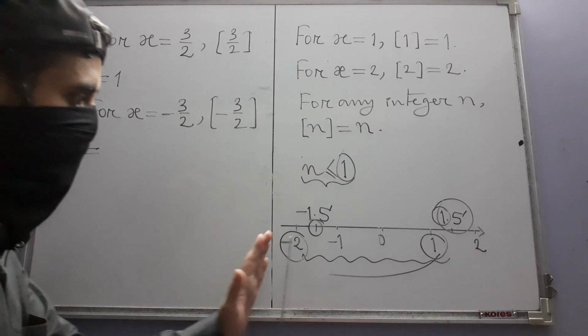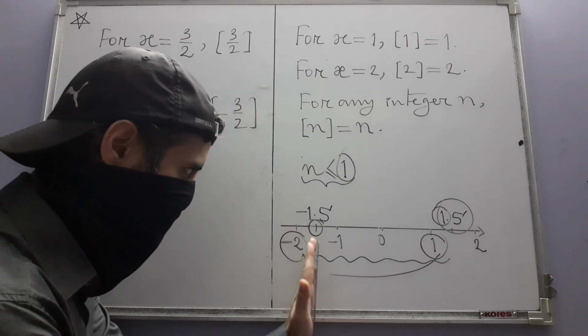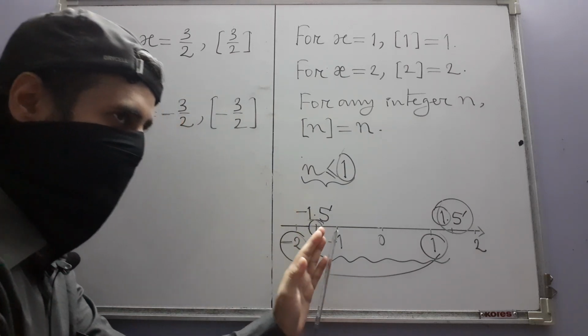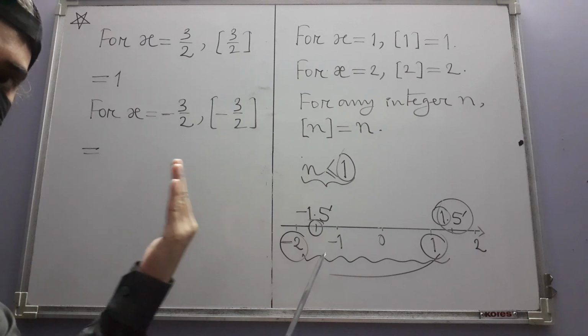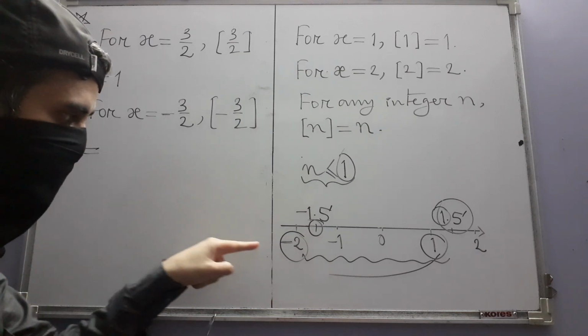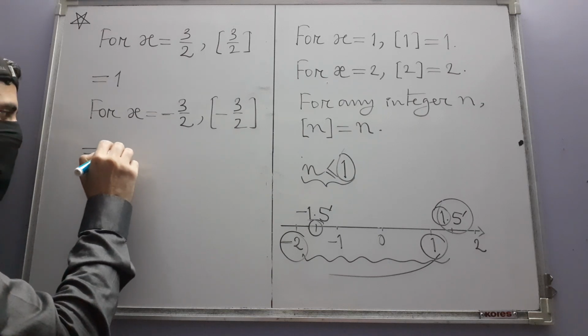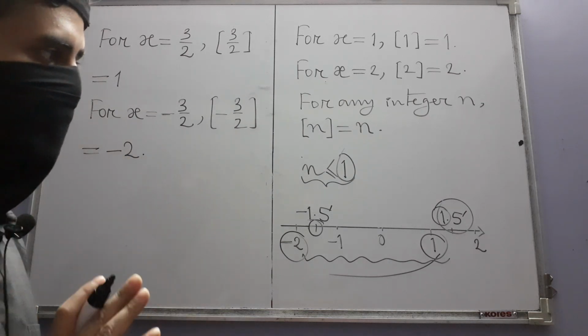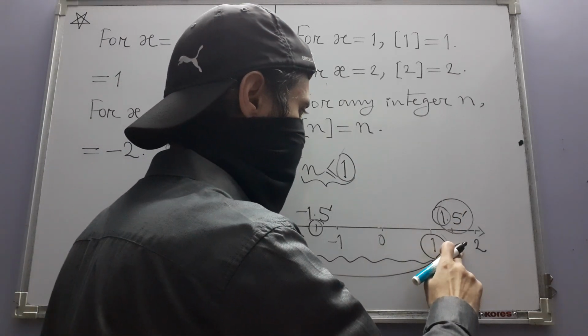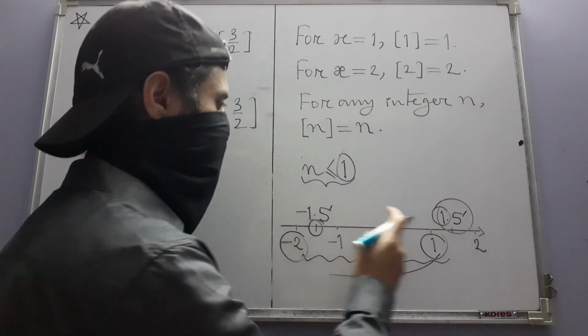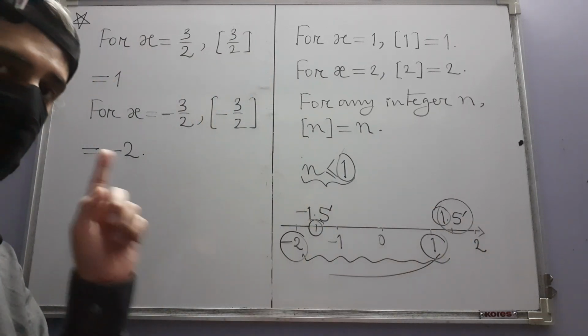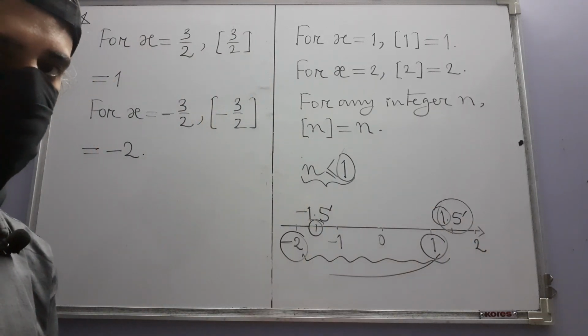All the integers less than or equal to minus 1.5 are minus 2, minus 3, minus 4 and so on. Among them the greatest is minus 2. So this value is minus 2. The rule is simple. You locate the point and look to its left. The first integer you encounter is the greatest integer value. Okay.